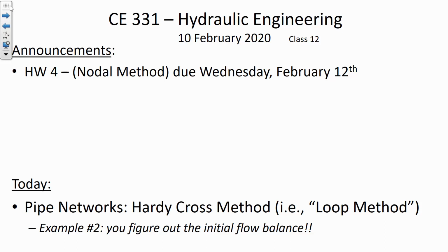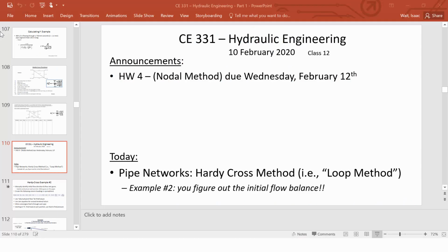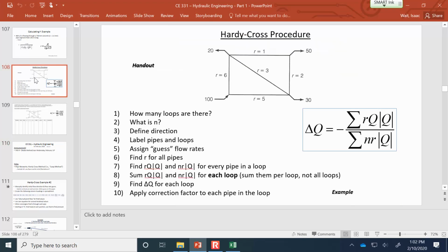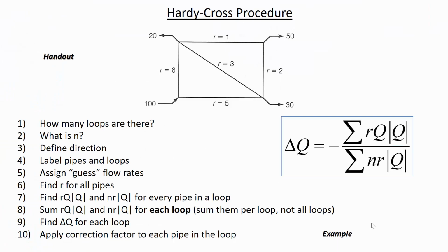But solving the flow rate through the pipe is kind of the goal. What you'll remember from our previous example is we were starting with fixed R values. R was just some collection of resistance factors. It took into account the pipe friction, the length, the diameter, all of the factors that result in resistance that goes into the Darcy-Weisbach equation.